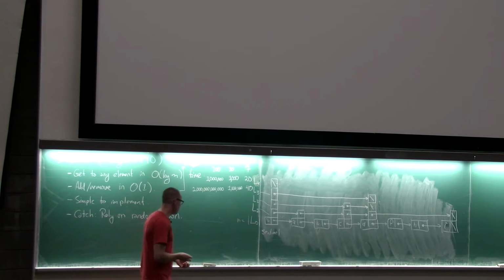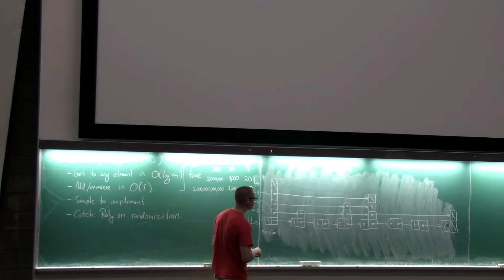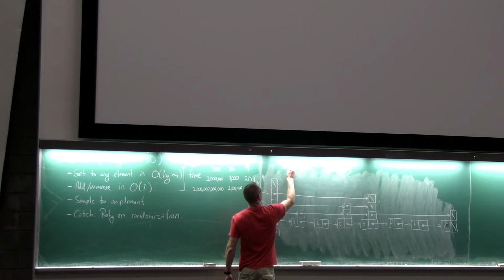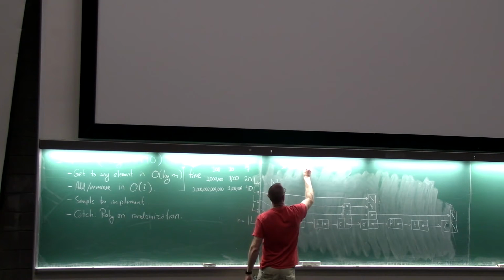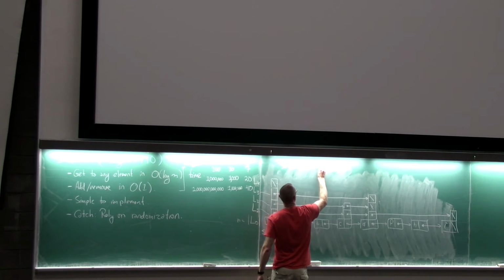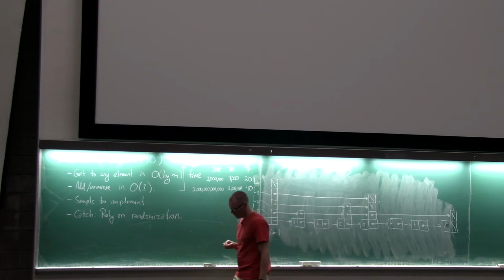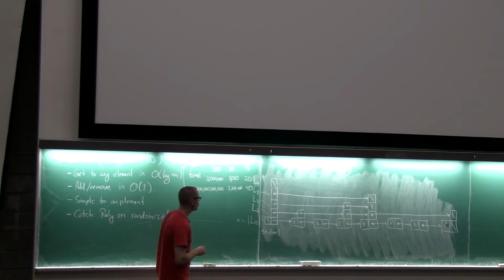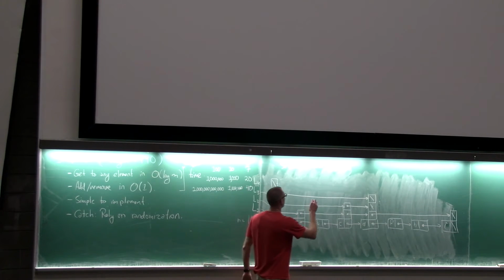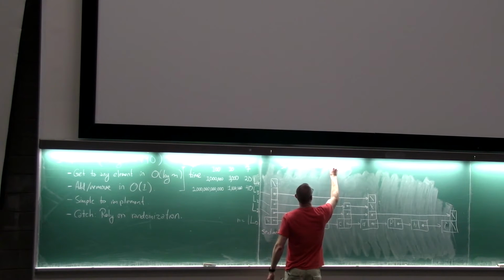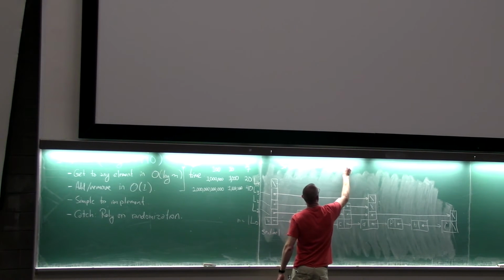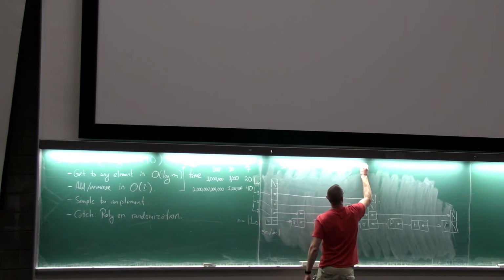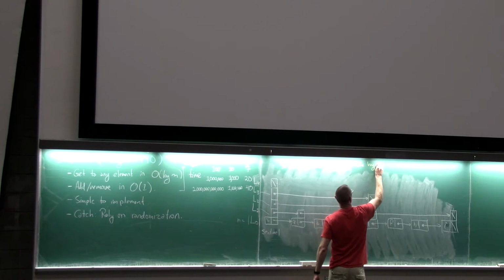All right. So there is this notion of a search path in a skip list. And it's a sort of greedy strategy that starts at the highest sentinel.